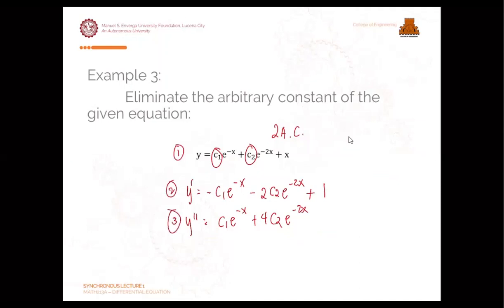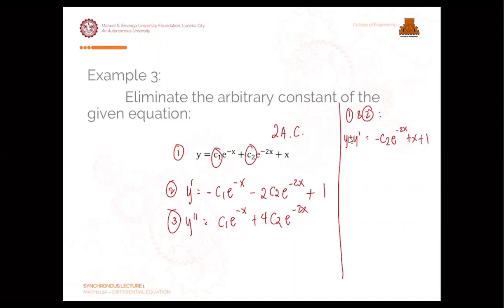Ayan. Okay, so gawin natin, add din natin yung first and second natin. Okay, so pag pinag-add, magiging y plus y prime is equals to, so magka-cancel out yung first term, then yung second term, 1 minus 2, so negative c2 e negative 2x plus x plus 1.